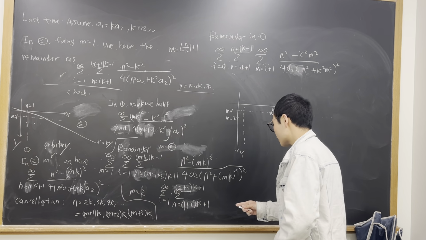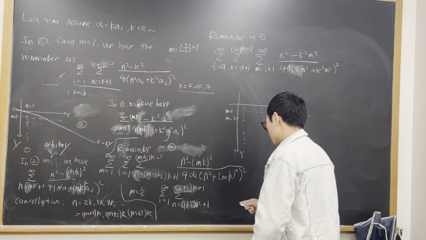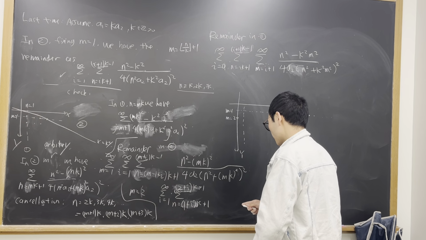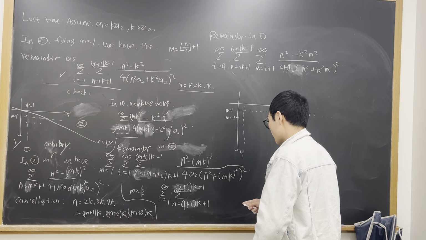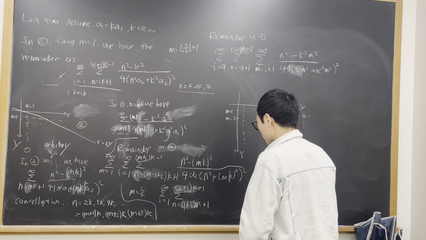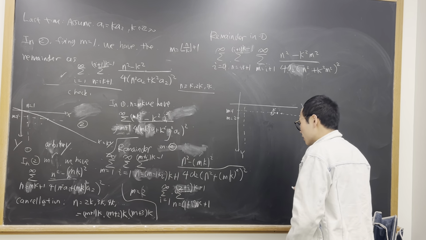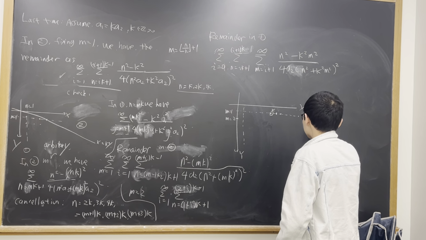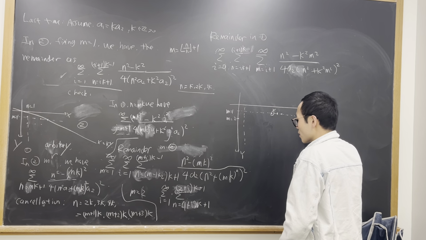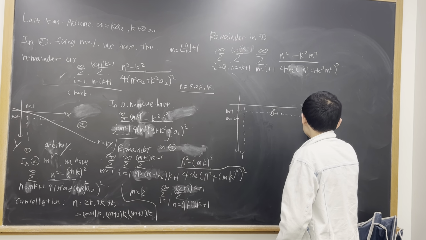So it starts at i equal to 1. Oh, wait. It starts at 2k plus 1. Okay. So it starts at this point. Right, so it starts here.